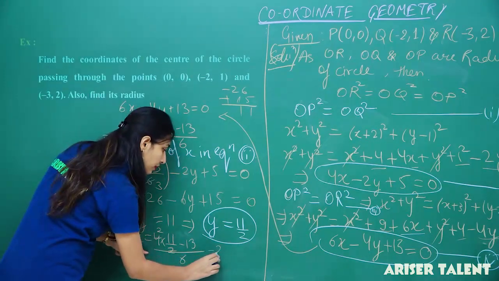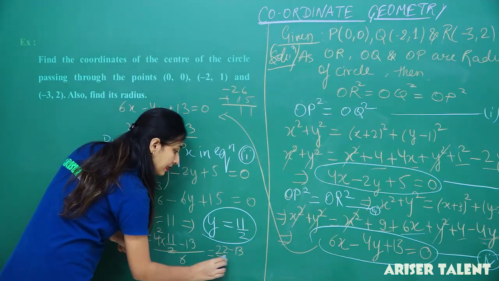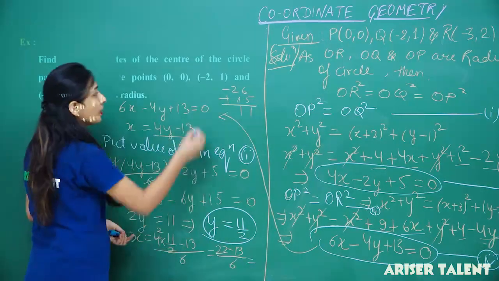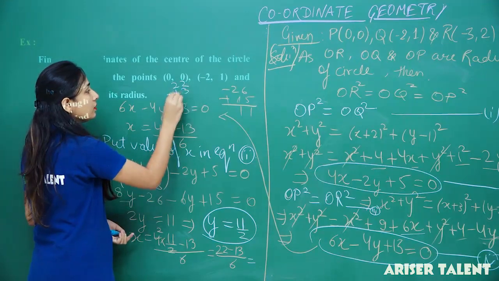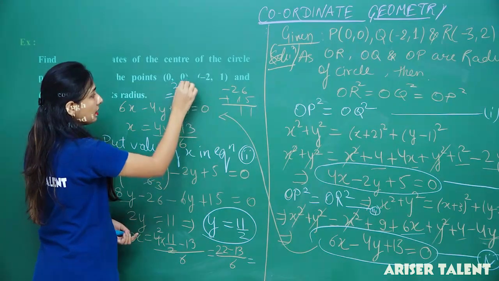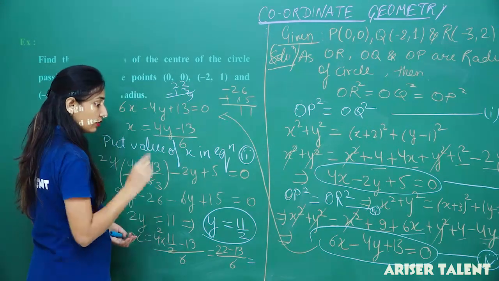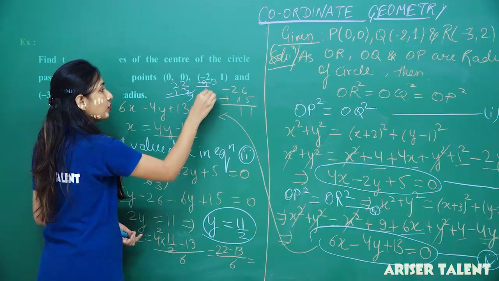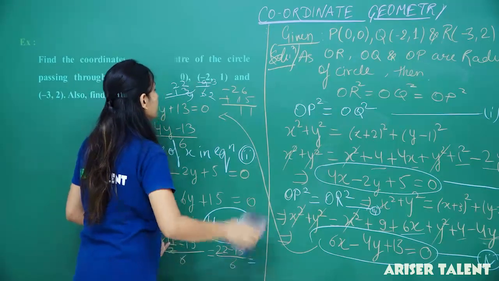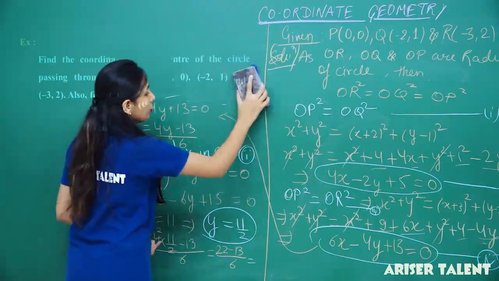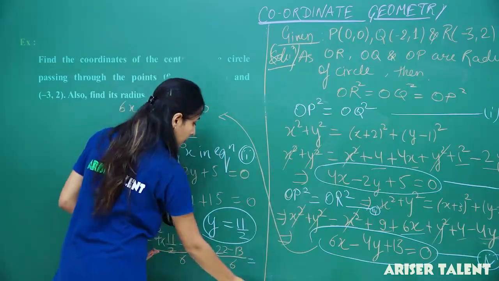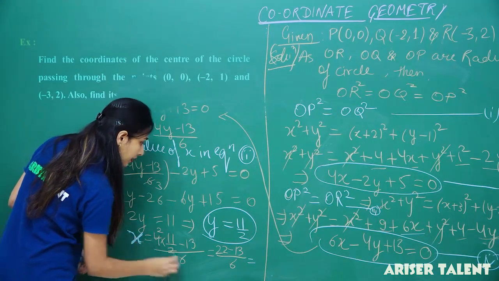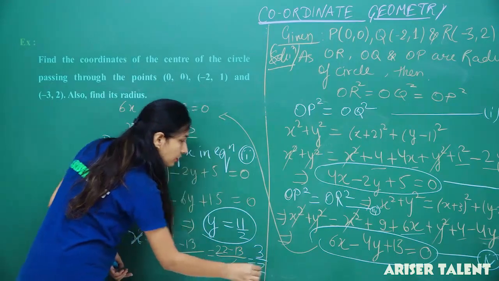So (22 minus 13) by 6, that equals what? 22 minus 13, 9 here. So 9 by 6. Now 9 by 6 is what? 3 times 2 times. So 3 by 2. So the value of x will be 3 by 2.